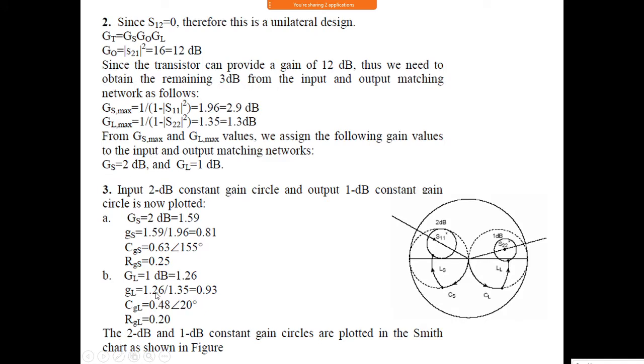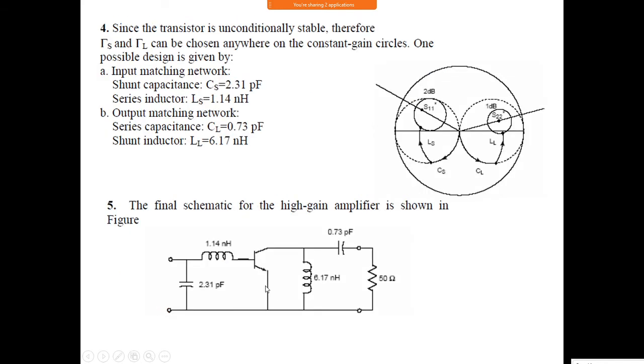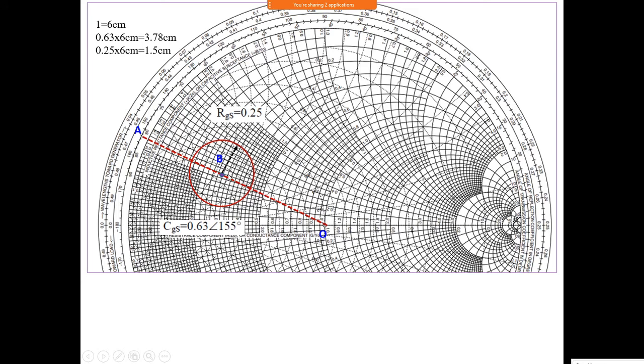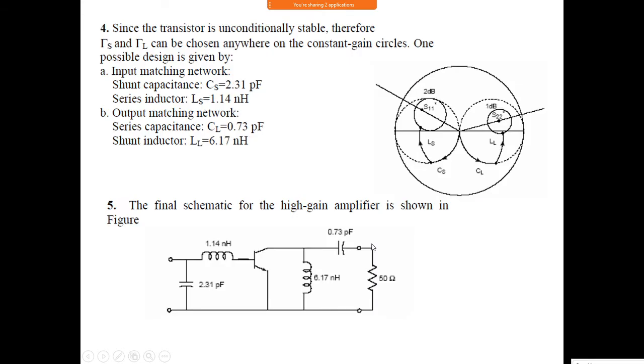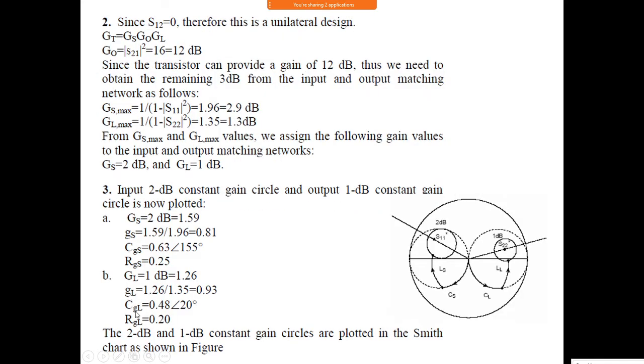You will be left with 1.26 here, CGL 0.48 and 0.2. So using this, you again have to draw a circle on the Smith chart. Like this, I have drawn it for GS. Similarly, you should draw for GL also here on the Smith chart. So now what we have to do, for example, here CGL equal to 0.48.